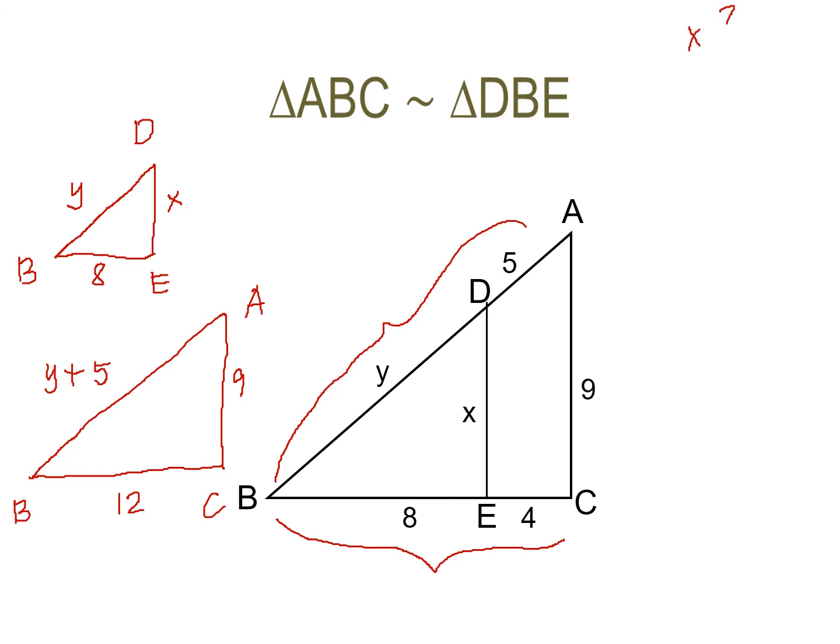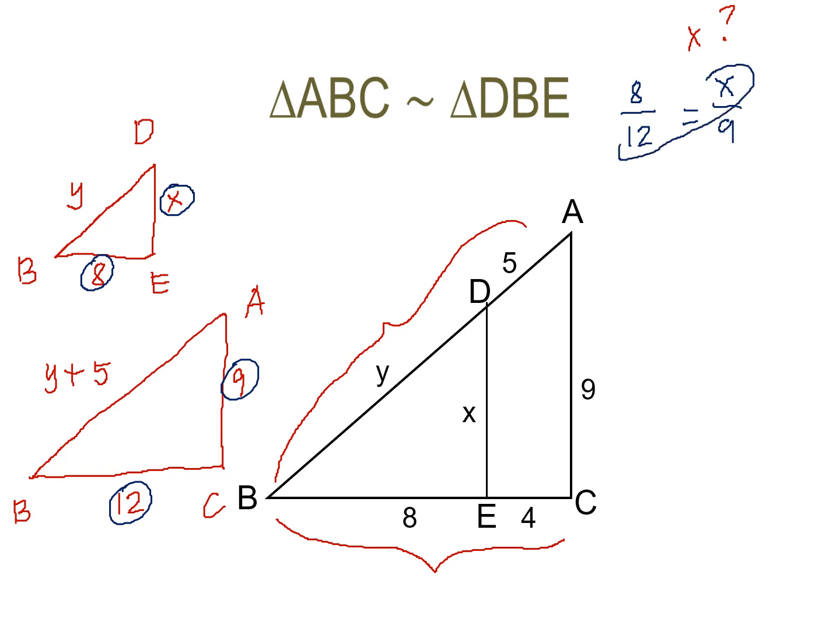So in order to solve for x, let us form a proportion from the corresponding sides. Let's first have 8 is to 12. Equate it to corresponding sides having the variable x. So we have x is to 9.